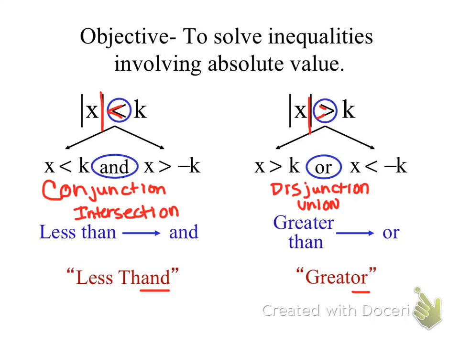So ors go with the greater than symbol. Anytime you see a greater than symbol touching the absolute value, that is a disjunction. Anytime you see a less than touching the absolute value, it is a conjunction or an intersection.